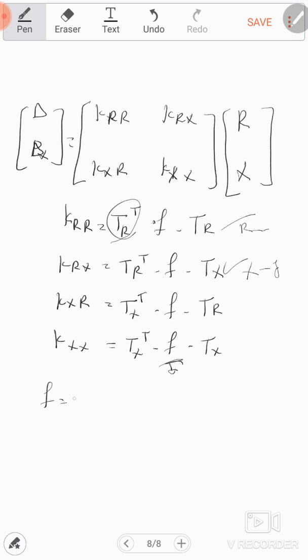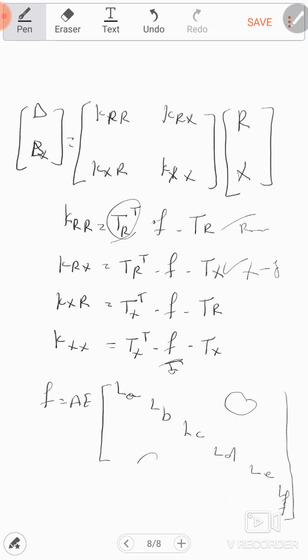So F for this example equals AE matrix, the length of member A, length of B, C, D, E, and F, and the other elements are 0, because we have a matrix, so we cannot make it vertical or horizontal.